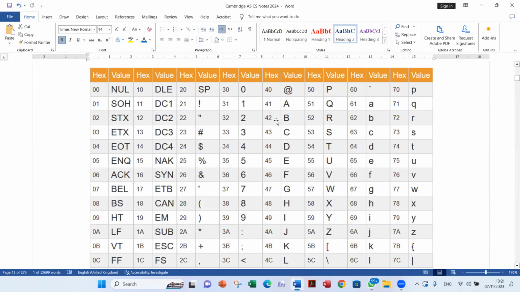What do you think is the ASCII code for E? You know that A, B, C, D, E. So 41 is followed by 42, followed by 43, 44, 45. This isn't forty-one in denary, this is 41 because this is hexa.